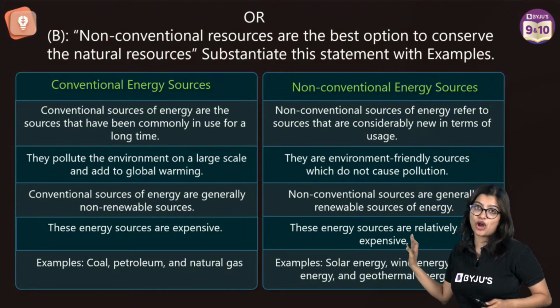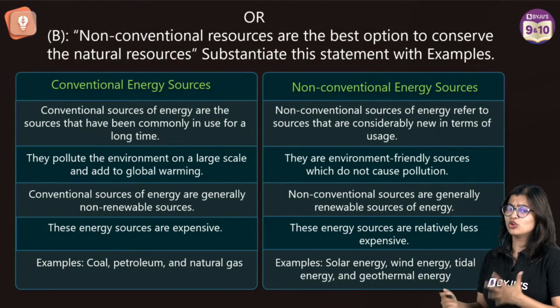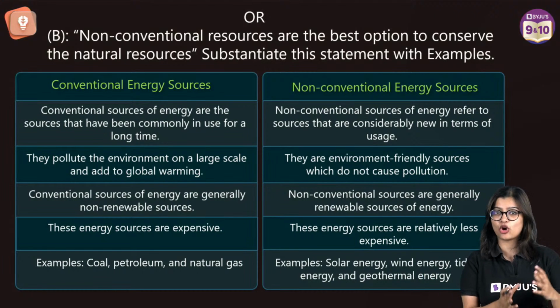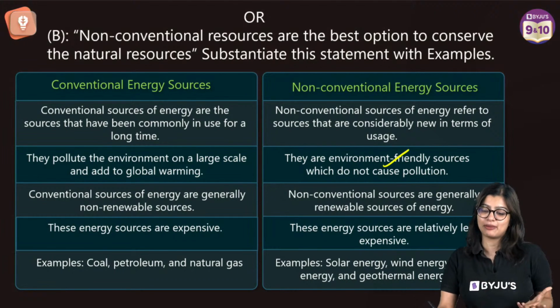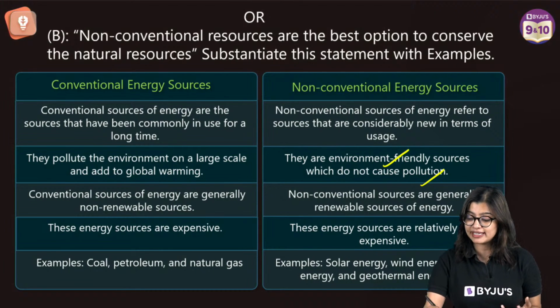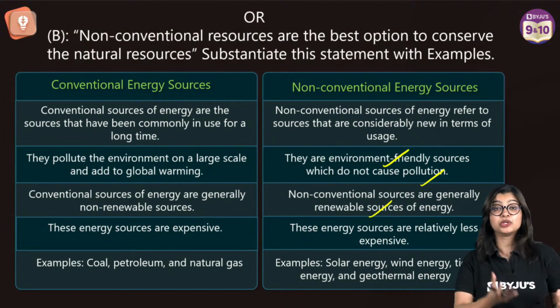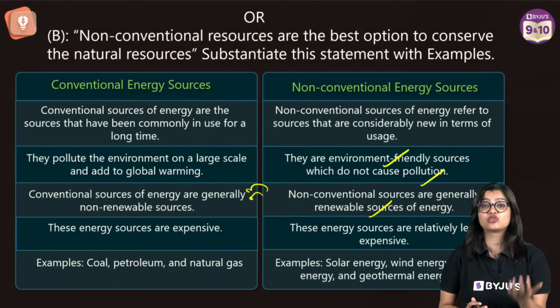So when you talk about your non-conventional sources, they refer to all the sources that are not normally used, like your coal and petroleum, right? So we know that they are more environmentally friendly unlike them and they don't cause a lot of pollution. Normally we see that they are also renewable, which means that they will last for a long period of time, unlike your conventional sources, right?